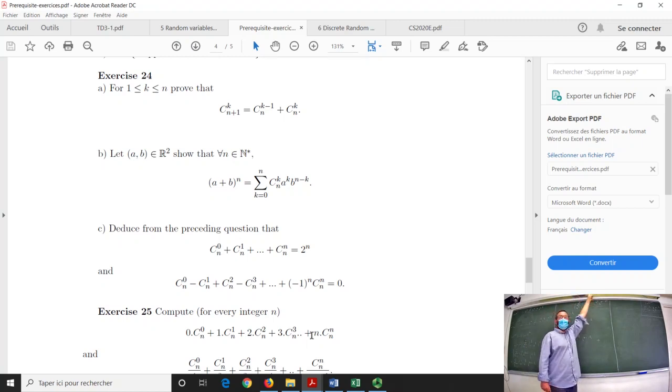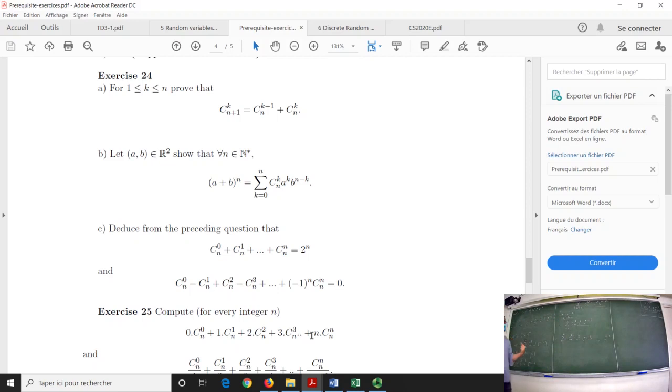I have a to the power n plus 1, and I have b to the power n plus 1 minus n plus 1, that is also equal to 1. So the term here for k equal to n plus 1 in the sum is just equal to a to the power n plus 1. This is the first sum. I write it as a sum from 1 to n plus the extra term.